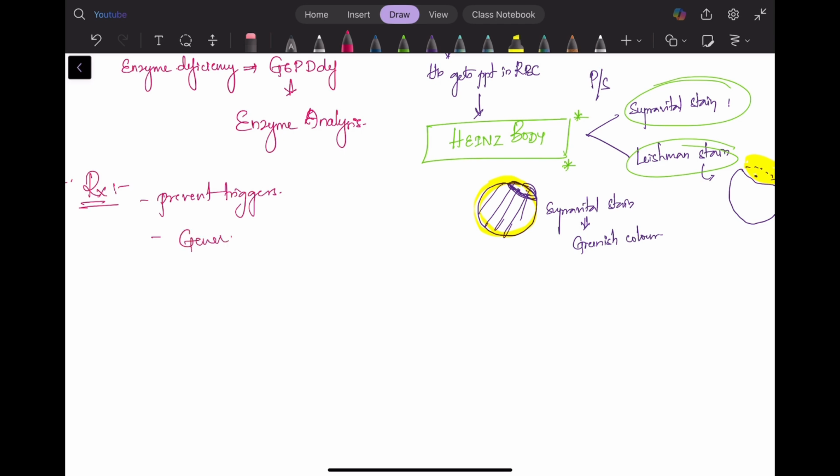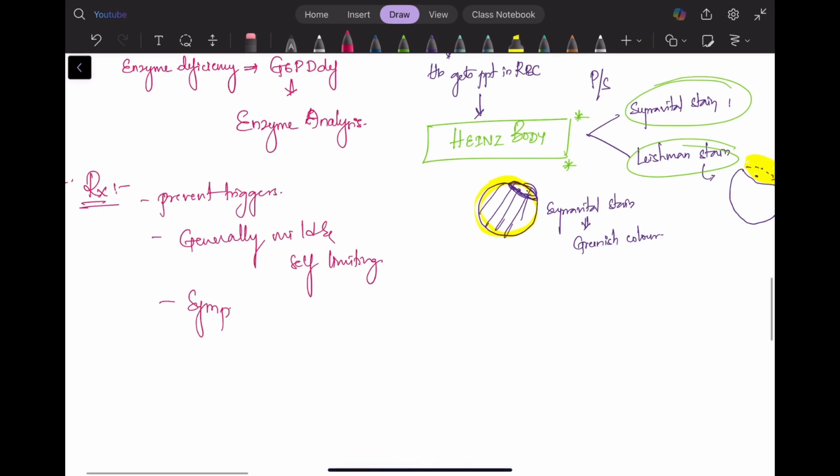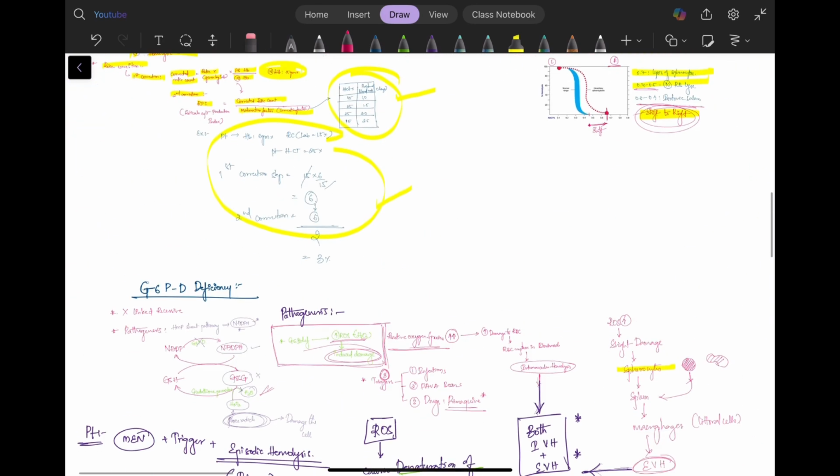As usual, it is generally mild and self-limiting, and you have to treat. If you say okay, it will get reduced, the patient will say, then why did I come to you? You have to say something or give something. That is nothing but your symptomatic treatment, which plays a very important role. Okay, I hope there is no doubt.